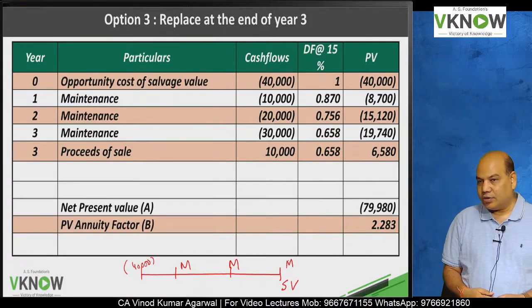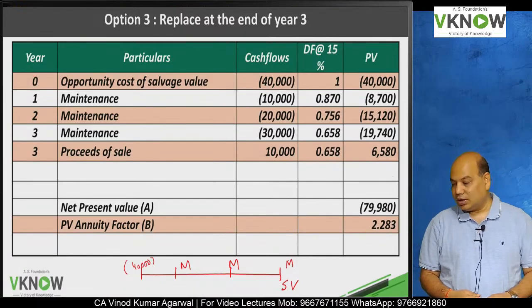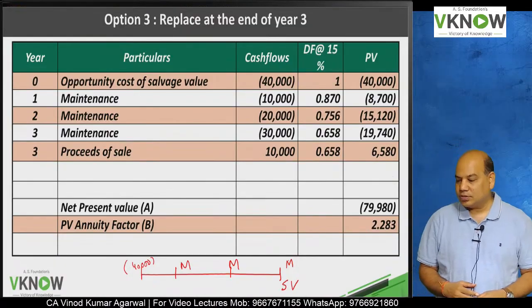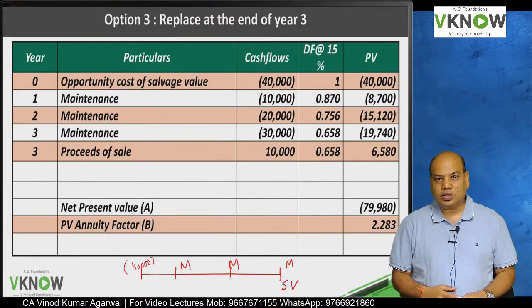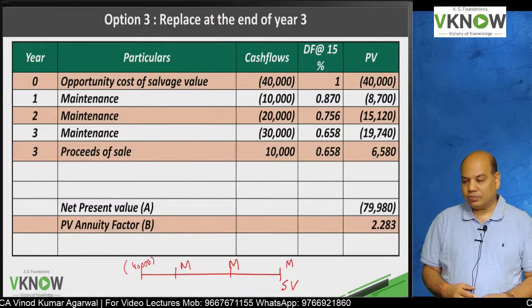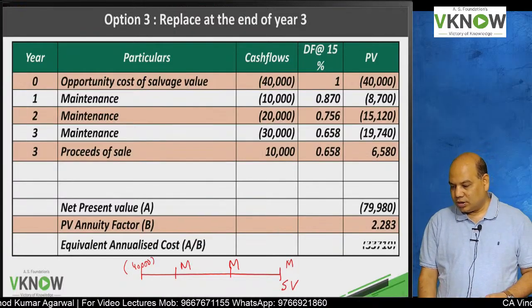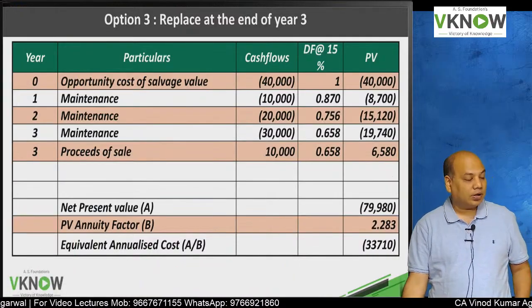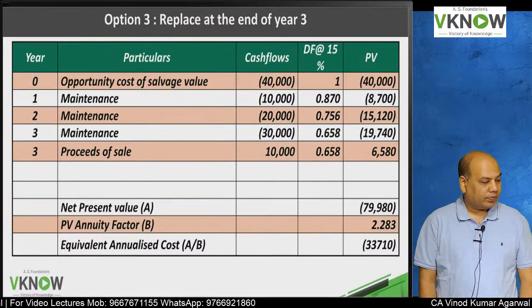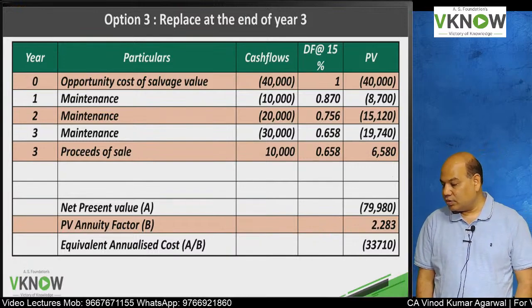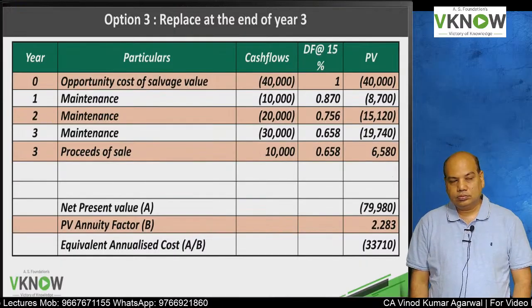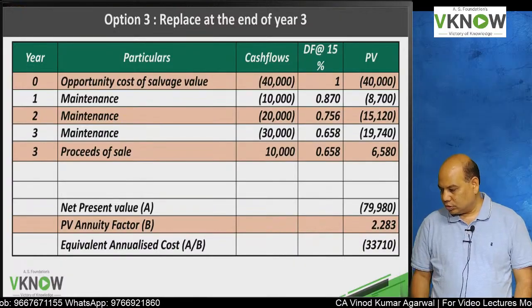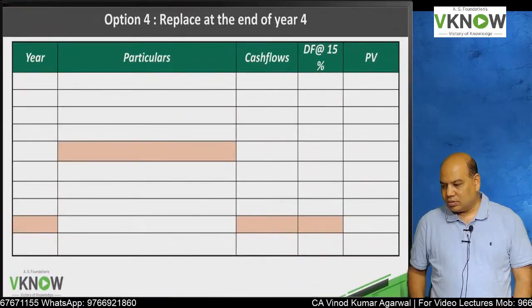Write down PV annuity factor for 3 years, 2.283. Equivalent annualized cost, come on student, equivalent annualized cost. Check the answer. Is it 33,710? Okay. Now write down option 4.